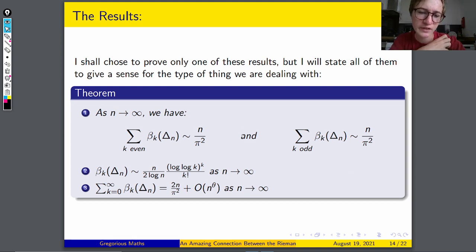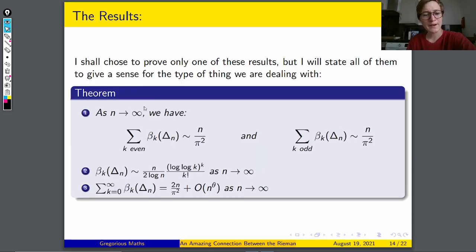What it says is that as n tends towards infinity, the sum over all of the even Betti numbers of delta n is asymptotic to n over pi squared, and so is the sum over all of the odd Betti numbers.